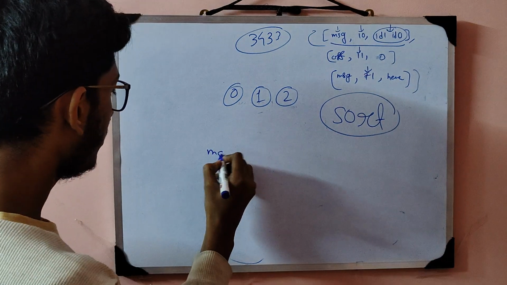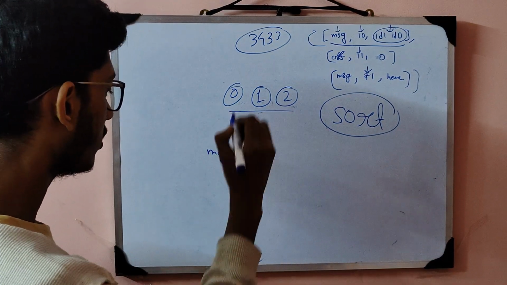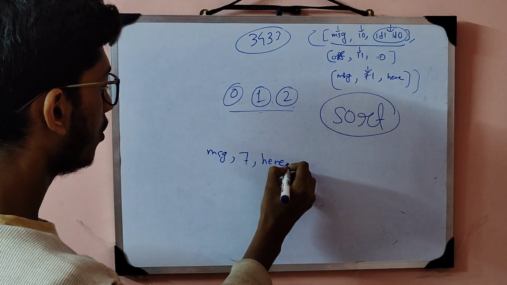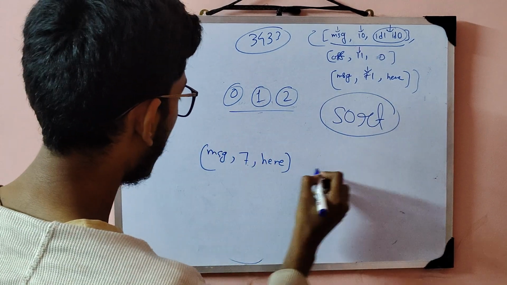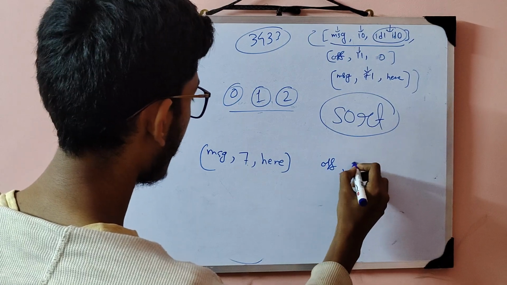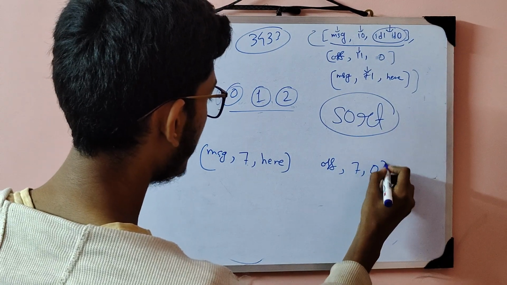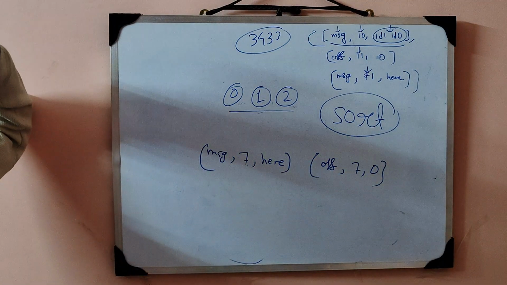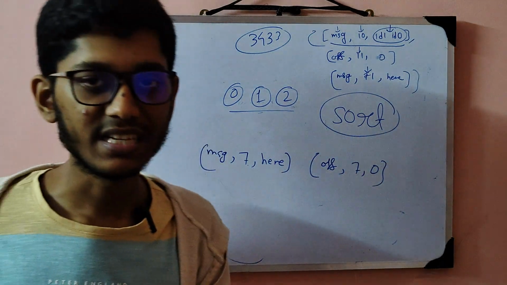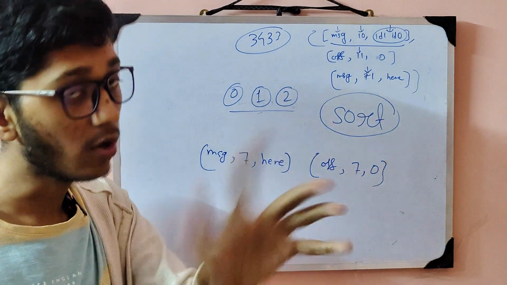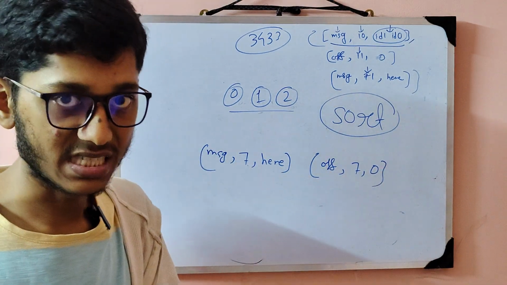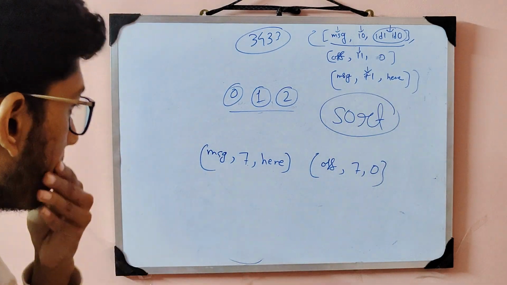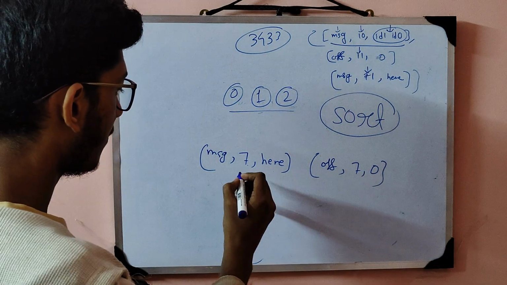Suppose we have 3 users. We are going to message all the online users at timestamp 7, and also offline 7, our 0th user gets offline at 7. In the question statement, it is clearly stated that any changes of online and offline should be processed before mentioning the users at the same time.